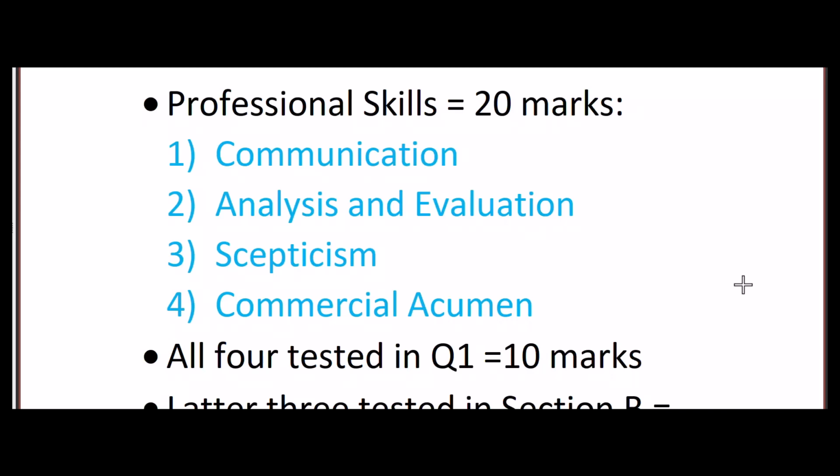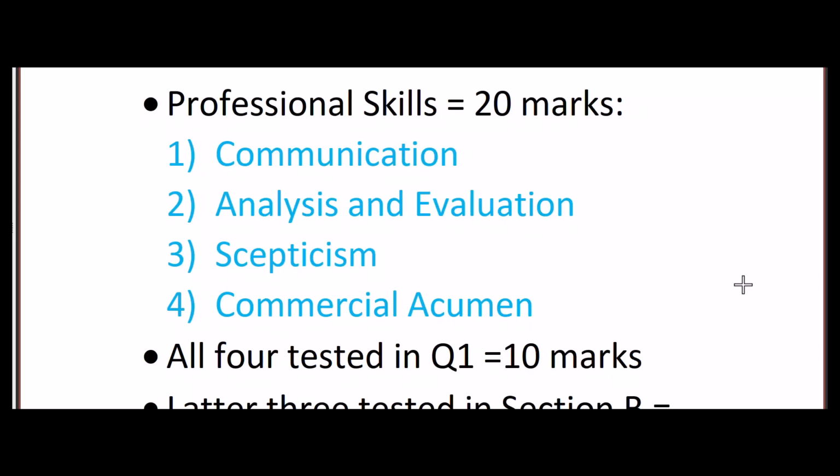Where the examiners have been fantastic is they've given us plenty of guidance on how you get skepticism marks and plenty of guidance of how you get commercial acumen marks. So, for instance, on skepticism, when we have assumptions behind some of the calculations, we question those assumptions with conviction.